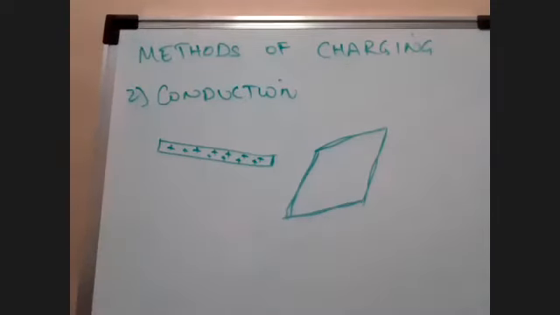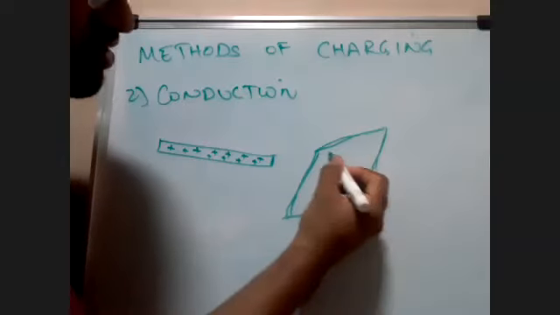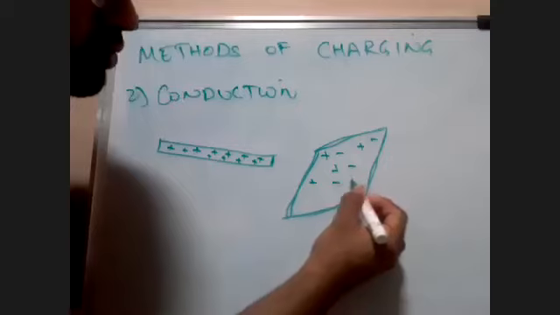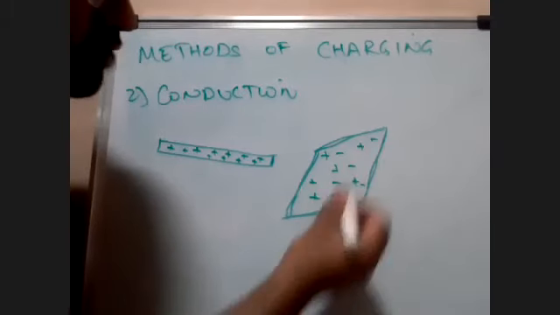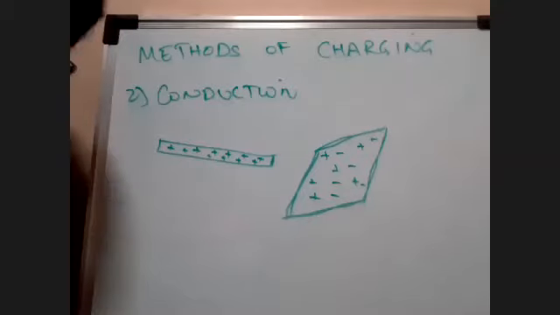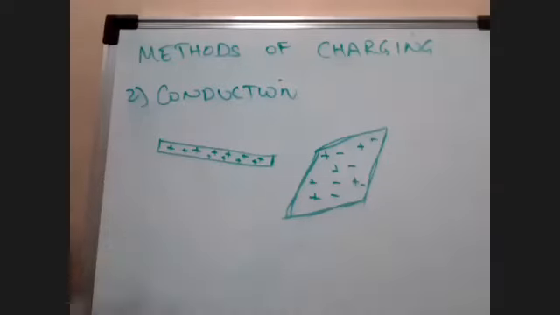And this plate is neutral, let's say it is not charged. It has the same number of positive and negative charges, equal amounts of both. So this is not charged, but basically these are two conductors.